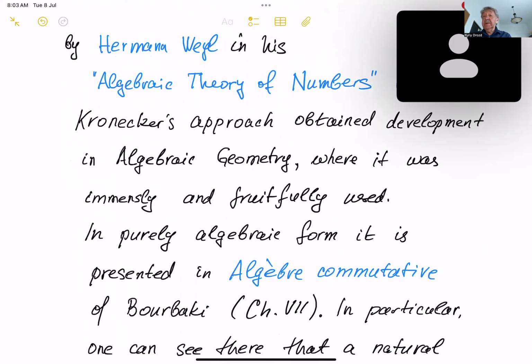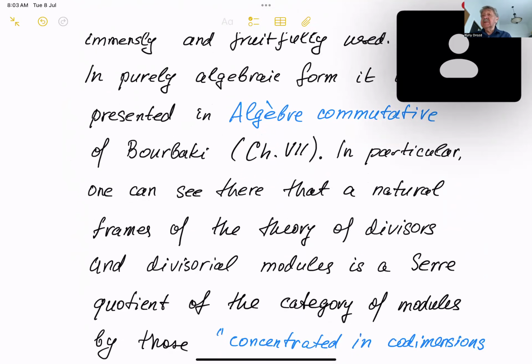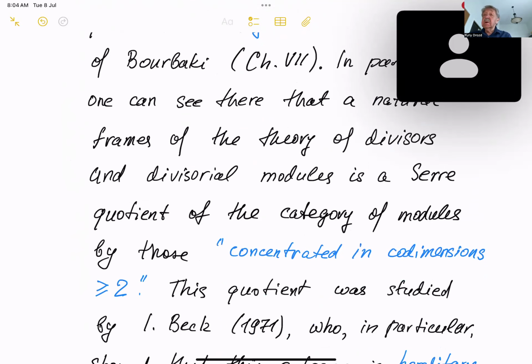In particular, one can see there that the natural frame of this theory of divisors and divisorial modules is the quotient of the category of modules by those concentrated in dimension greater or equal to 2.